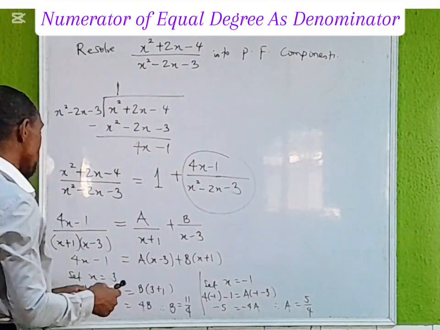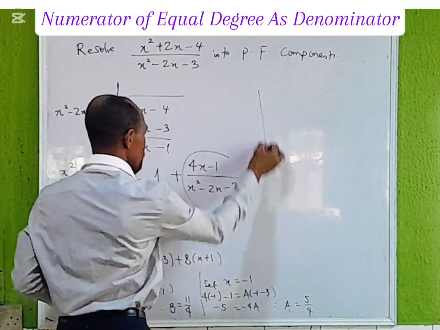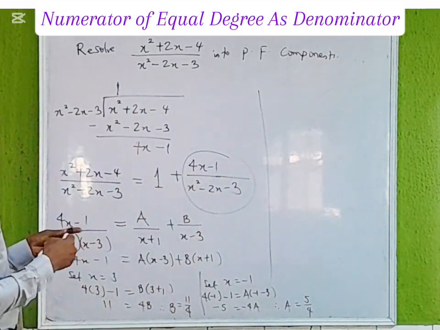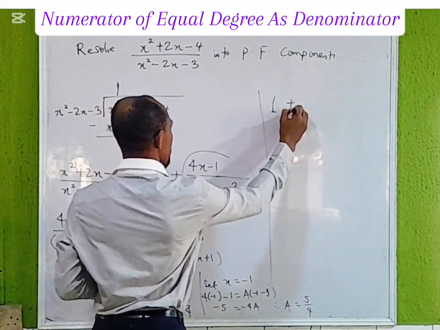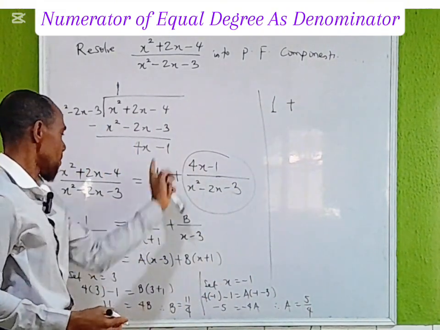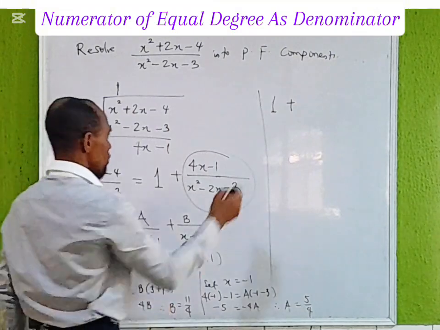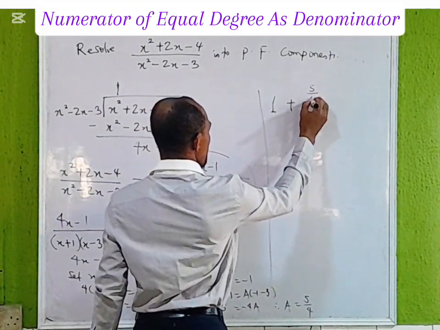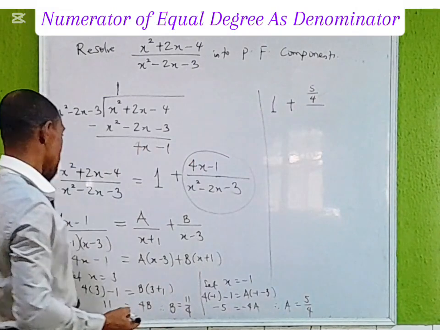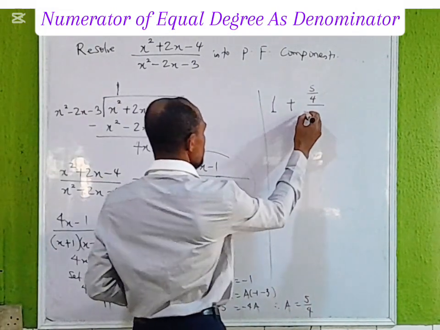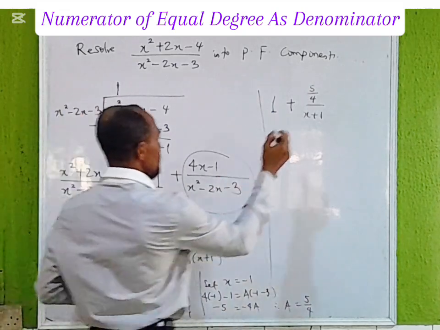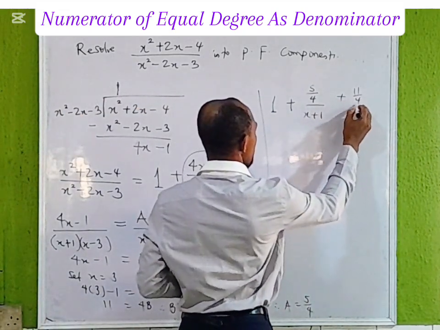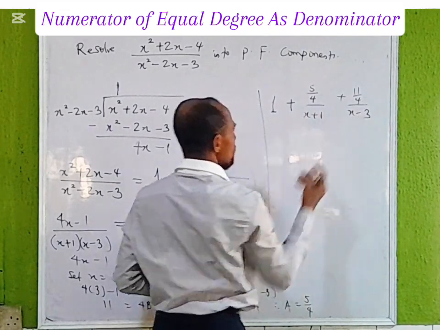So essentially, all we need to do now is to just slot into this expression here. We have 1 plus the entire partial fraction here, where a is 5 over 4 over x plus 1, plus b, which is 11 over 4 over x minus 3.